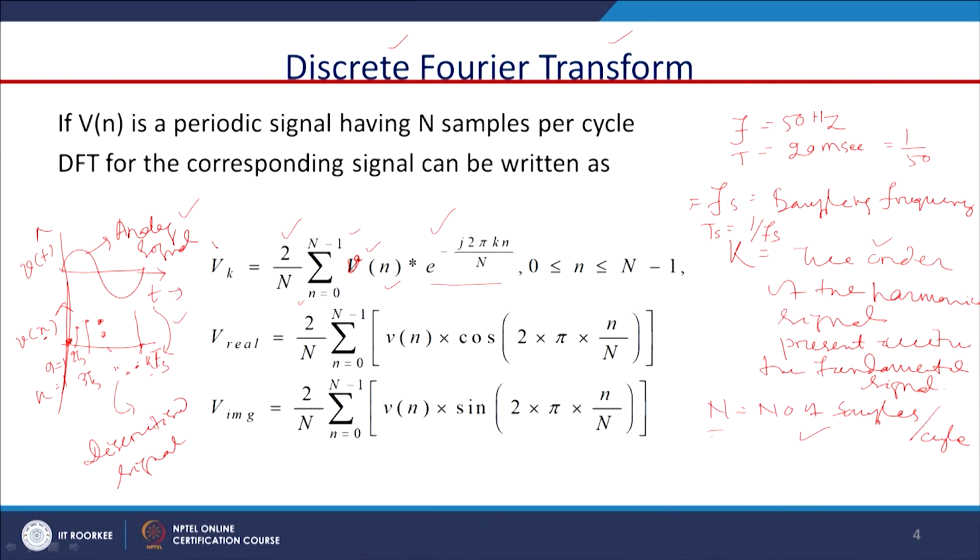That is why the name is discrete Fourier transform. In the discrete Fourier transform, the word transform means we are transferring this particular discretized signal to the frequency domain. This is the time domain, this one is the discretized signal in the discrete time domain, and we are converting it to a frequency domain signal, because we are going to calculate the phasors.